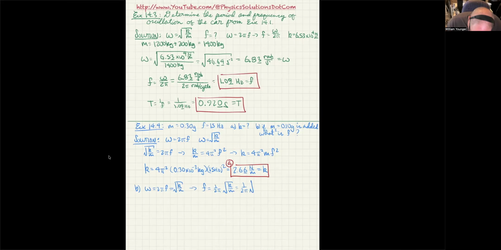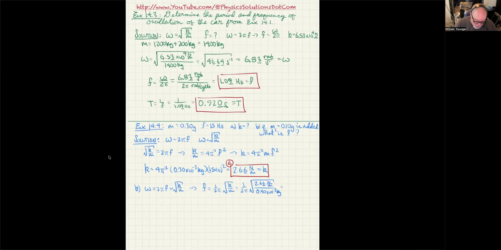Now I'm going to use the k that we just found, which is 2.66 newtons per meter, divided by, now instead of 0.3 grams, we're going to have 0.4 times 10 to the negative 3 kilograms.